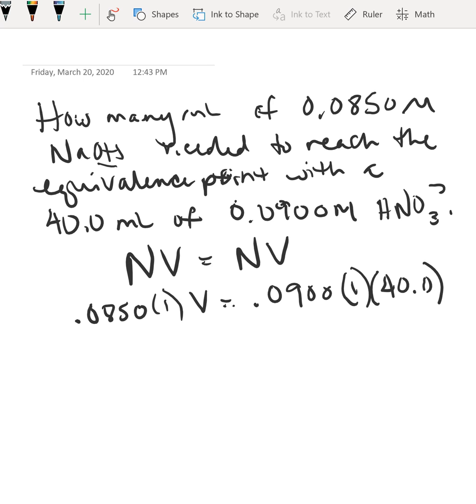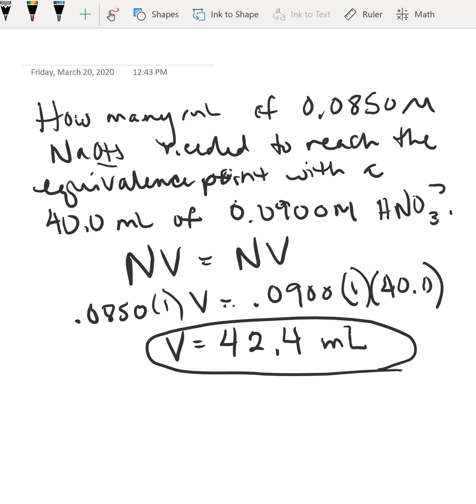I'm just going to leave that in milliliters. So 0.09 times 40 divided by 0.085 gives 42.4 milliliters of NaOH needed. So if they just ask you how many milliliters are needed to titrate it to the equivalence point, that's pretty easy.